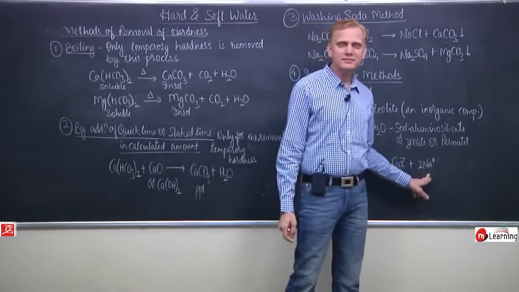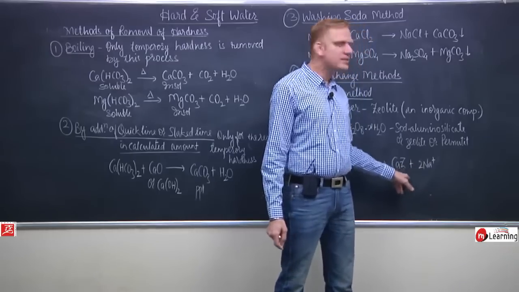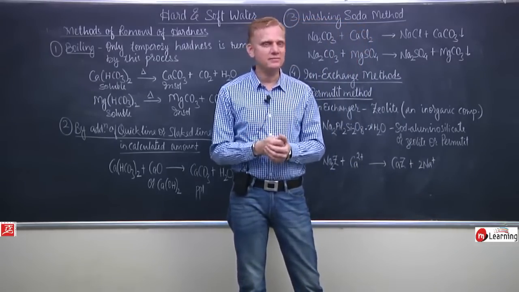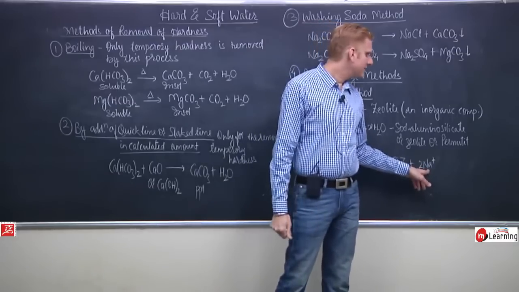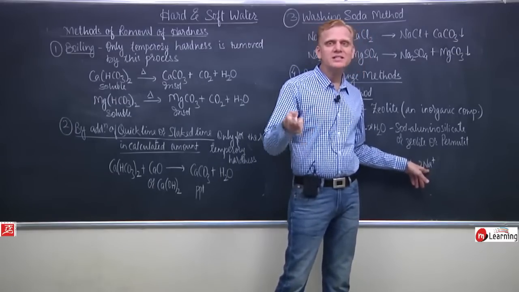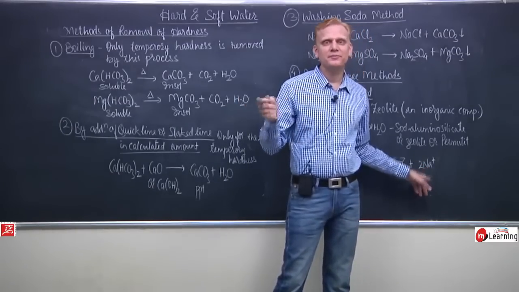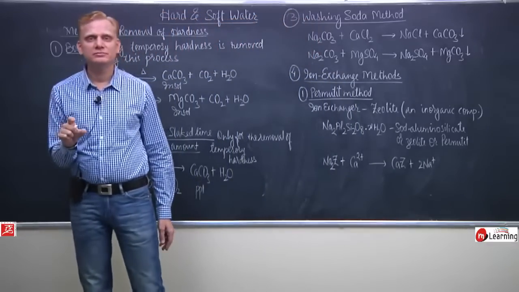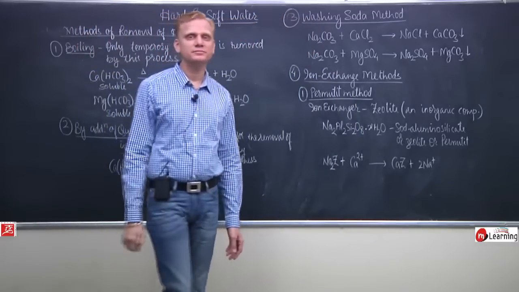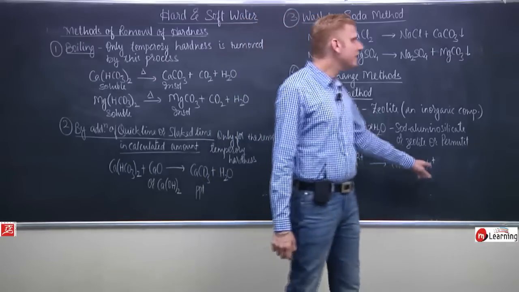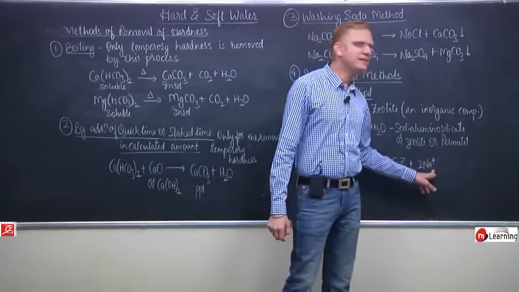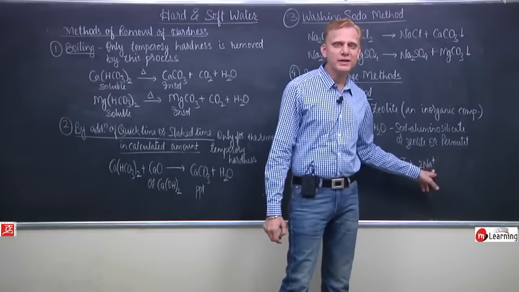After this process, that column is packed with calcium zeolite and sodium chloride has gone with the water. Please remember, this sample of water is salty water. It contains sodium chloride. If it was calcium chloride, then the water contains sodium chloride.